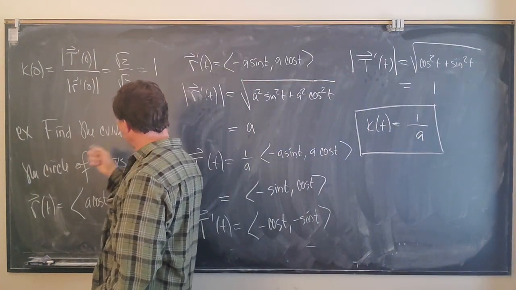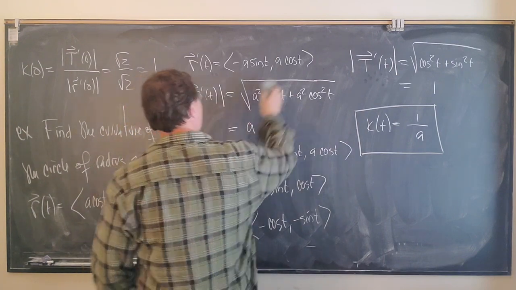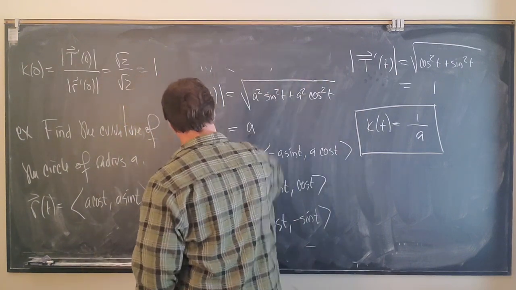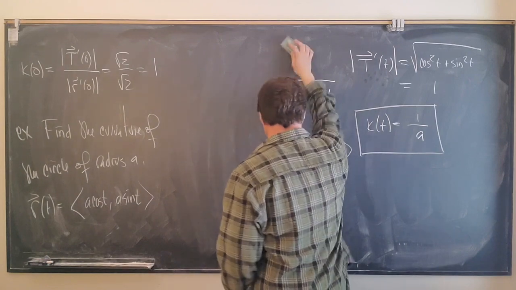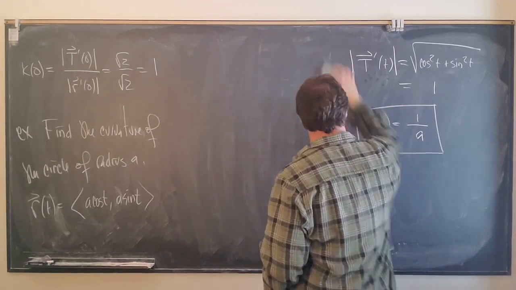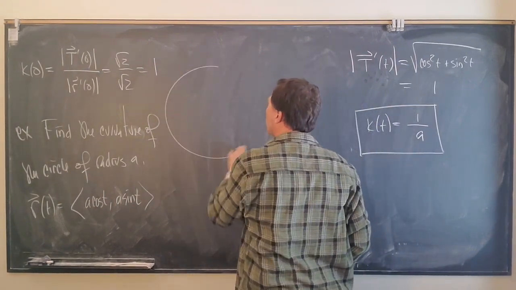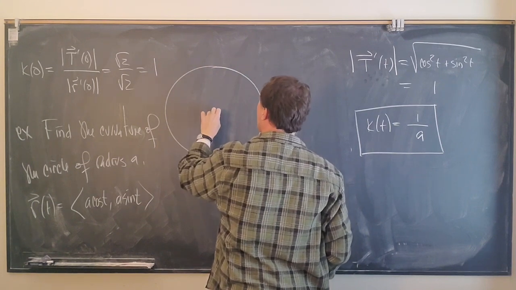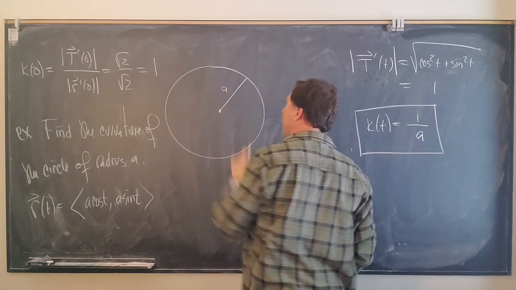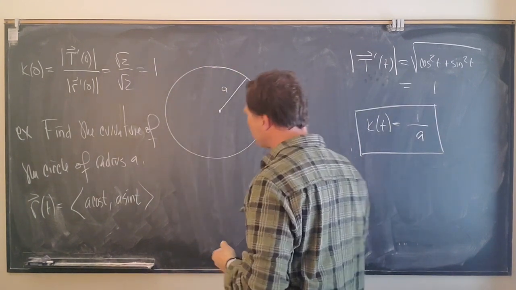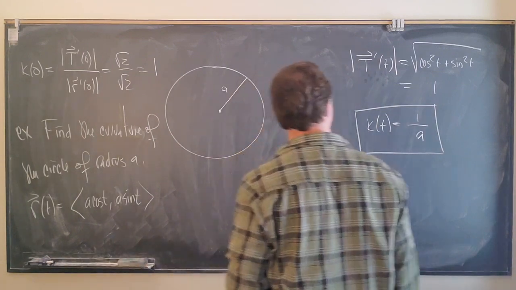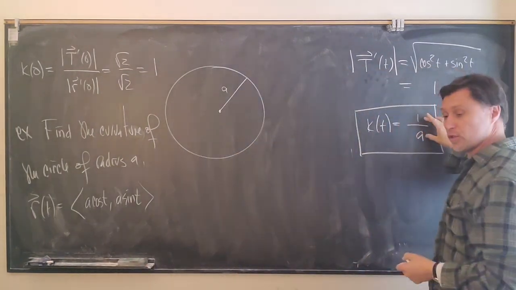Now remember here, we are finding the curvature of a circle of radius a. So let me draw a couple of different circles, right? So here's a kind of a big circle. If that's our a, right? If a is large, then what happens to our curvature? Our curvature is small.